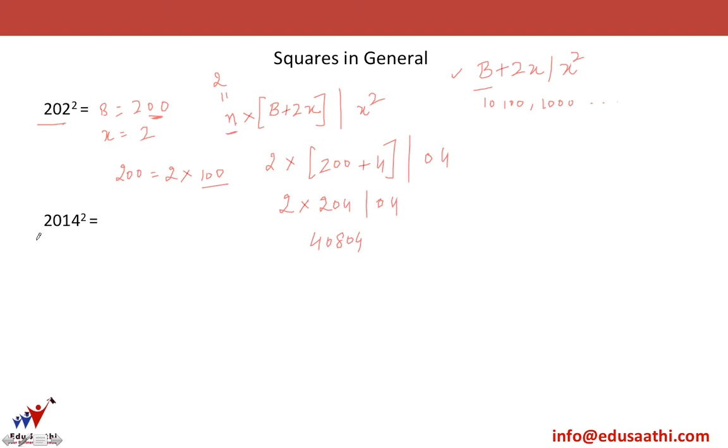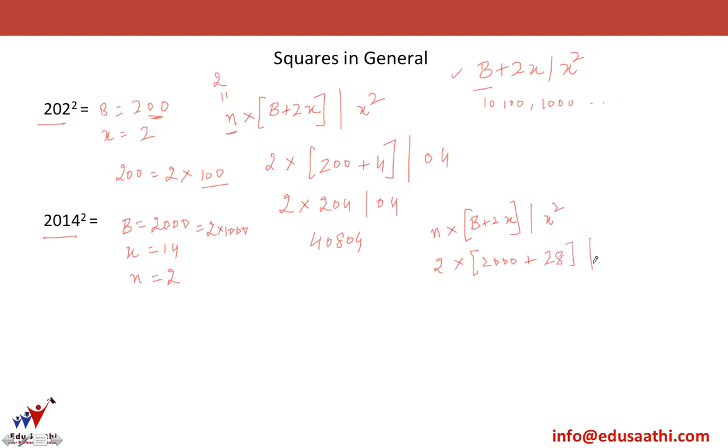Let's try another question. I have 2014 square. Again here the base is going to be 2000, x is going to be 14, and n here will be 2. Why 2? Because 2000 is nothing but 2 into 1000, which is the nearest base. So again I'll have base plus 2x slash x square. I'll multiply this base plus 2x by the index n. So I have 2 multiplied by 2000 plus 2x, and 2x is 28.